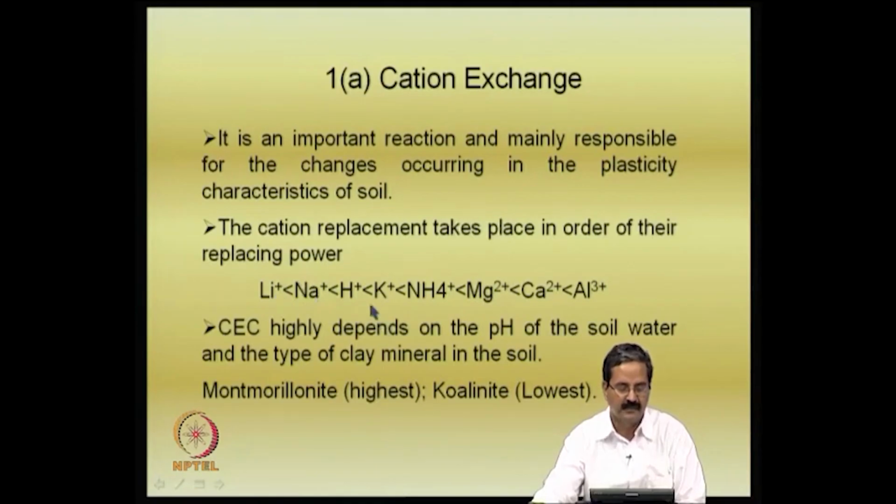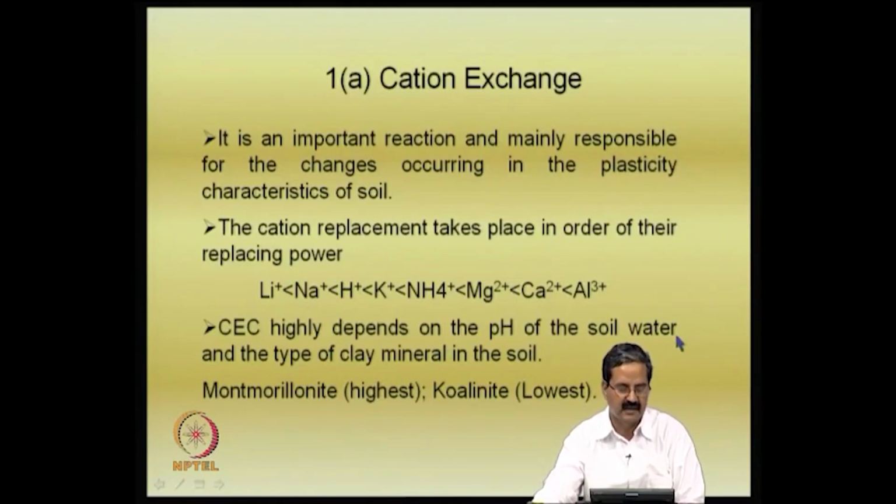These three are all single, and if you have divalent ions, they can get replaced by higher valency ions; if you have aluminum, it definitely replaces calcium. It is also a function of the ionic radius. Essentially, this is the rule by which many of the replacements take place, and the cation exchange capacity depends on the pH of the soil and water.